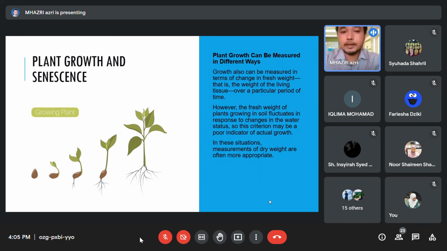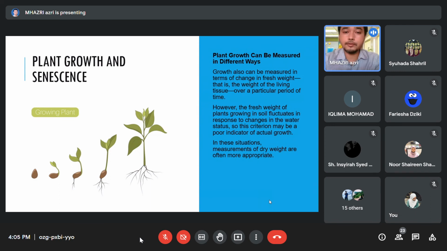So selalunya kita tak akan ambil satu parameter saja to determine the plant growth. For example, if you do experiments, you apply a fertilizer and you want to determine whether the plant growth is affected by the applied fertilizer. So to determine the plant growth, usually we will measure a few different parameters.